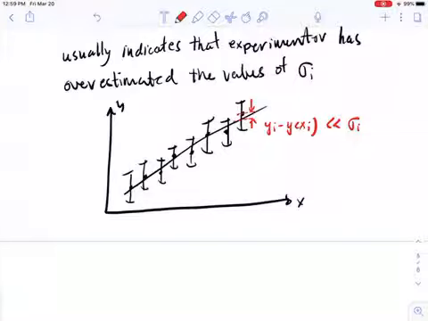And when you go and calculate chi-squared, you would end up with a chi-squared that would be less than n. Okay, so in that case, if you encounter that kind of scenario, I think you should go back and reconsider how you've made the uncertainty estimates in your y measurements.